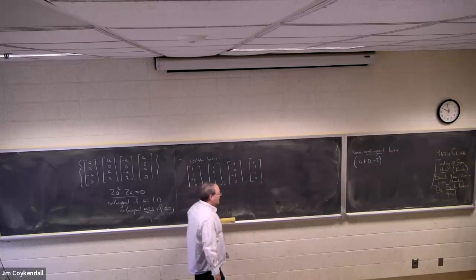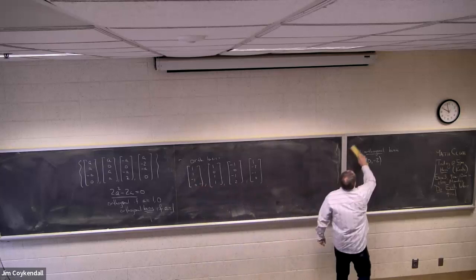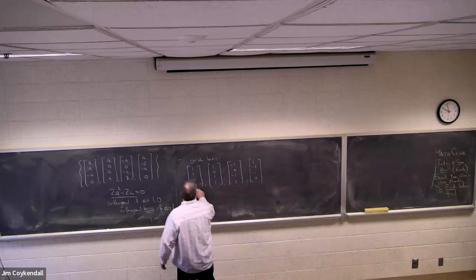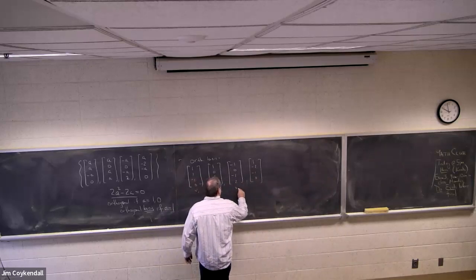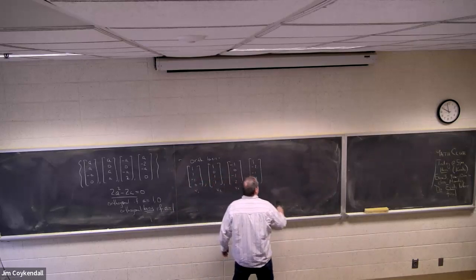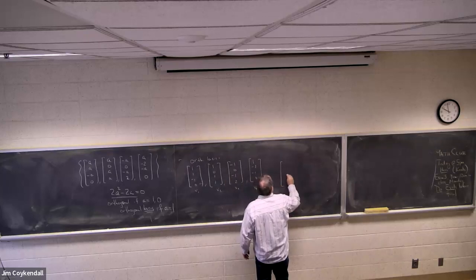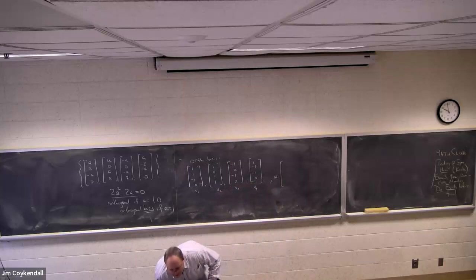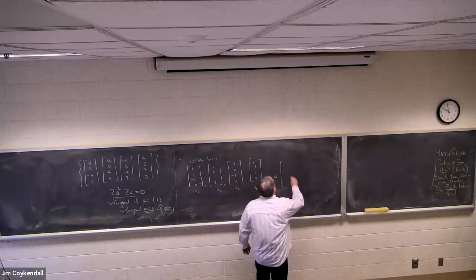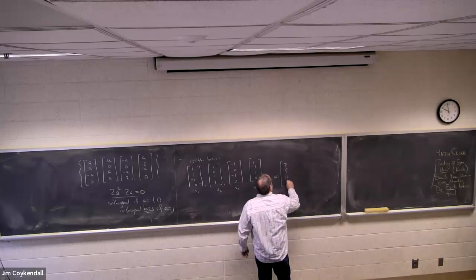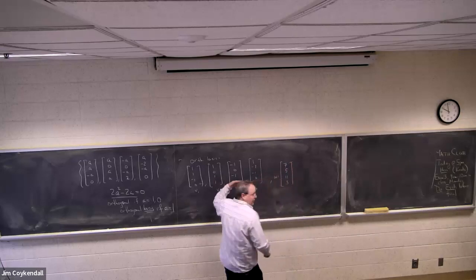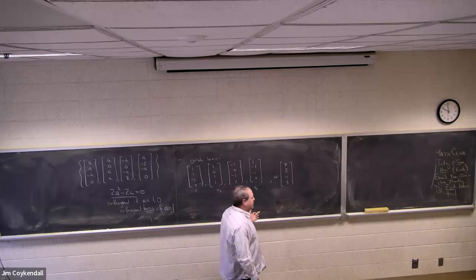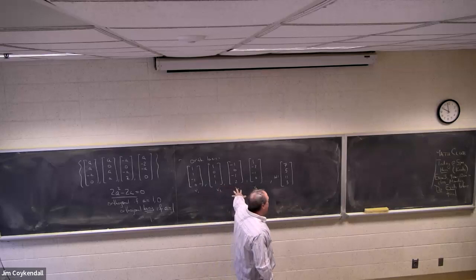If I call these B1, B2, B3, B4, we need to express W, which is 7, 5, 11, 3, in terms of this basis. Now, this would be an obnoxious problem if it weren't orthogonal.